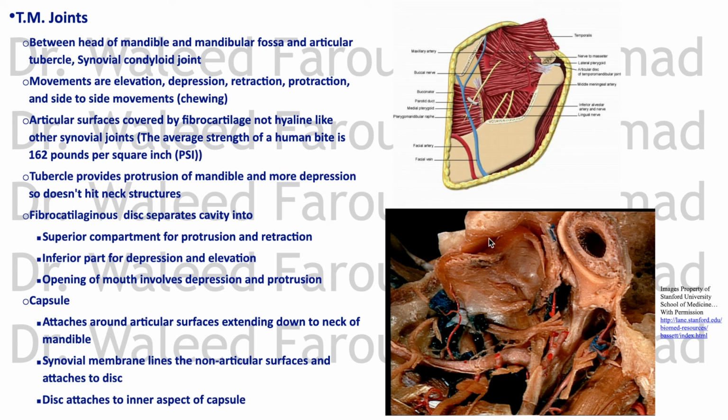By the way, it's a synovial joint of the condyloid type. The capsule is lined by synovial membrane, which encloses synovial fluid that lubricates the articular surfaces of the joint.